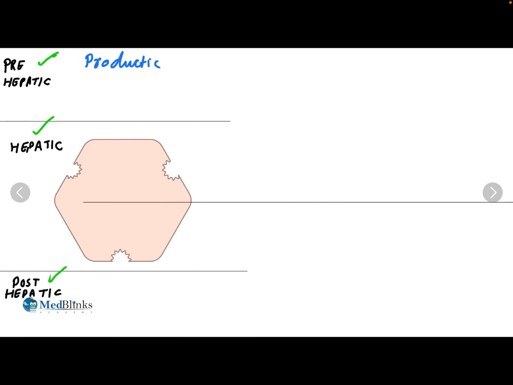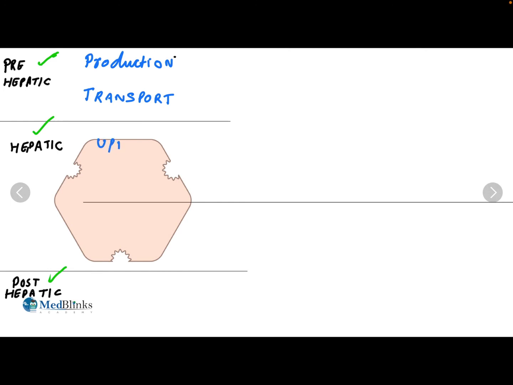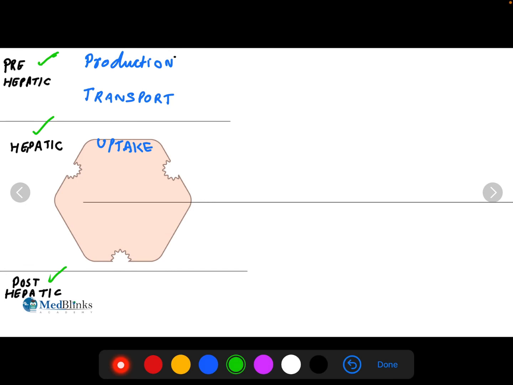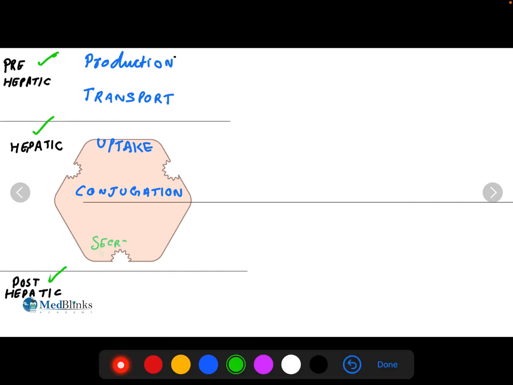When the reasons for jaundice are prehepatic, it can be a problem with the production of bilirubin or transport of bilirubin. When liver cells are involved as a reason for jaundice, then it can be a problem with uptake, a problem with conjugation, or a problem with secretion of conjugated bilirubin into the biliary tract.